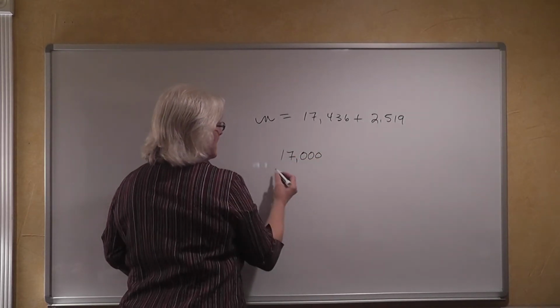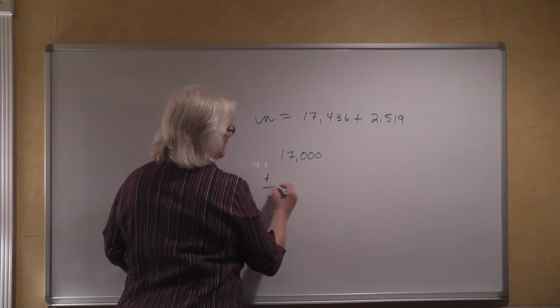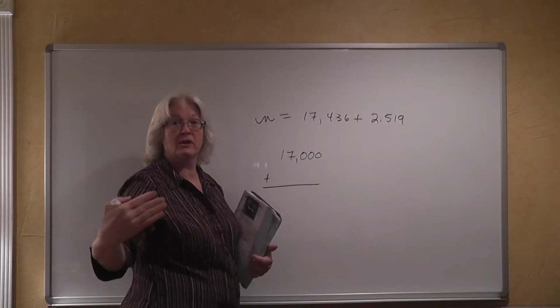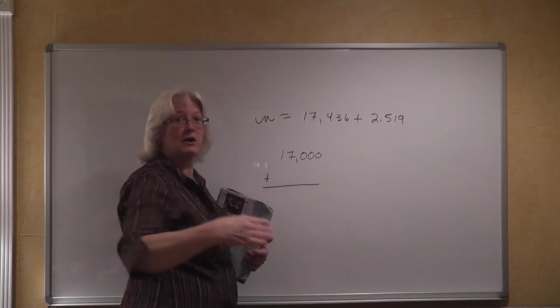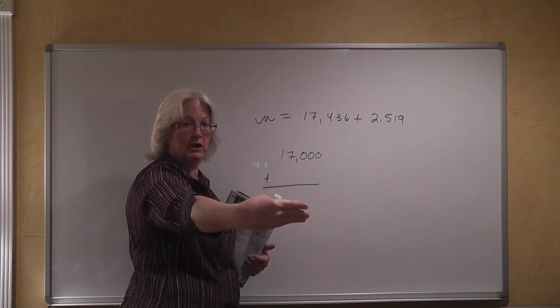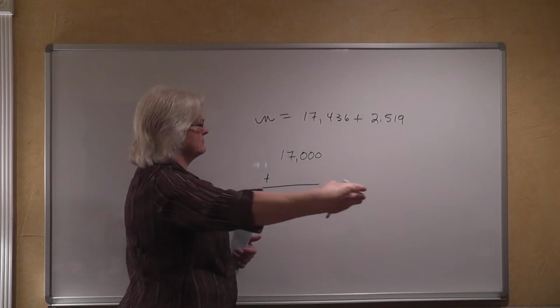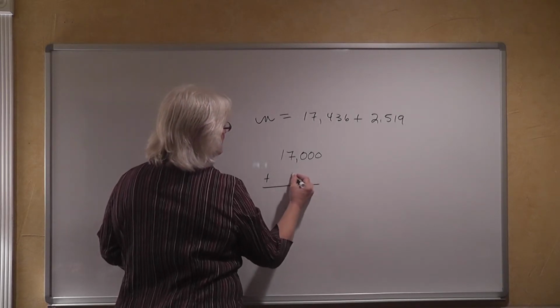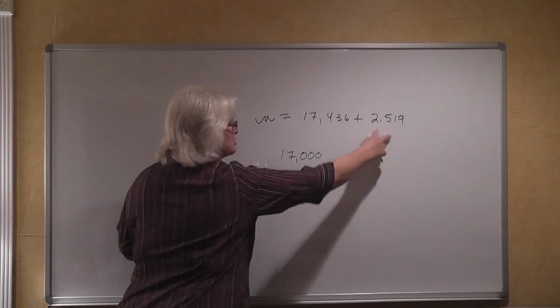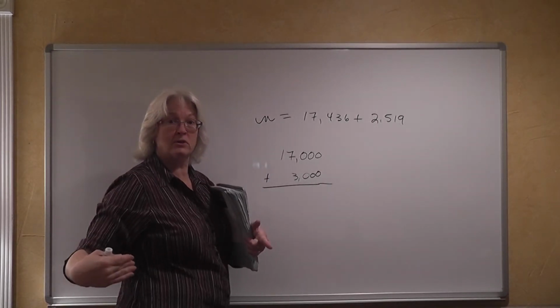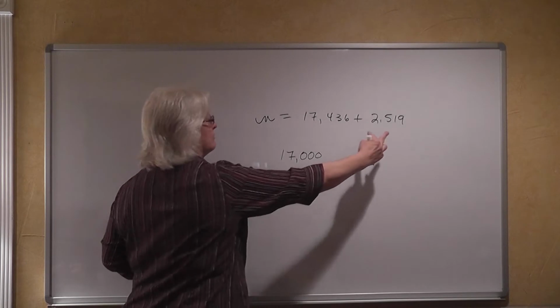Now, let's look at 2,519. We look at that digit to the right of the 2. It's a 5. Our rule tells us that it's going to round up to the next digit of 3,000. What that means, picture our number line, 2,000 on the left, 3,000 on the right.